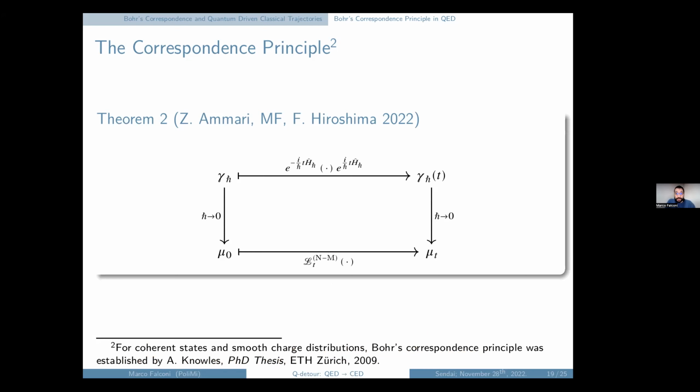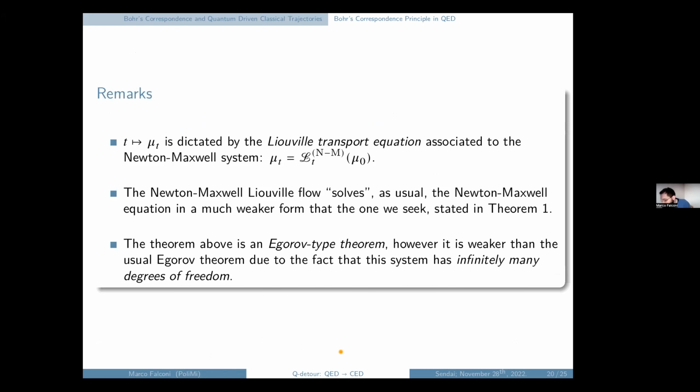Okay, so some remarks quickly. This evolution mu_t is dictated by the Liouville transport equation associated to the Newton-Maxwell system, the classical Newton-Maxwell system that we defined at the beginning of the talk. Okay. And this Newton-Maxwell flow solves, but in a very weak sense, the Newton-Maxwell equation, in a much weaker sense than the one that is stated in Theorem 1, even if I did not state it exactly.